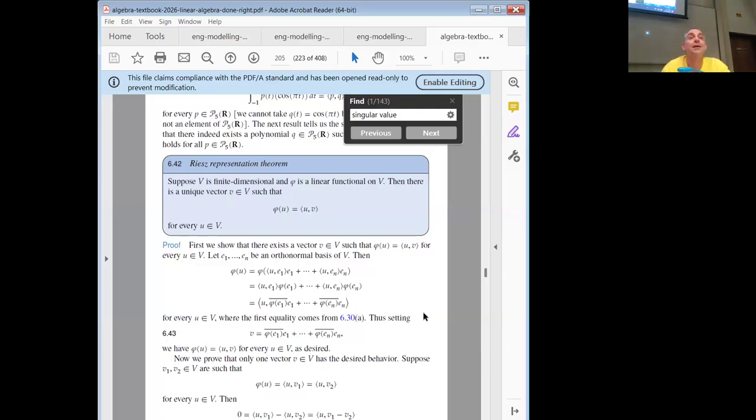What's that? If you've got an inner product and you have linear functionals, which were things that were about vector spaces, but your vector space also has an inner product, then you can redefine any linear functional as an inner product. That's what it says. So I'm just going to write it down.